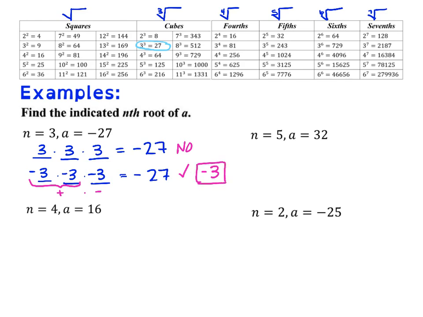How about the fifth root of 32? n is 5 and a is 32. So now I'm asking, what number times itself 5 times gives me 32?